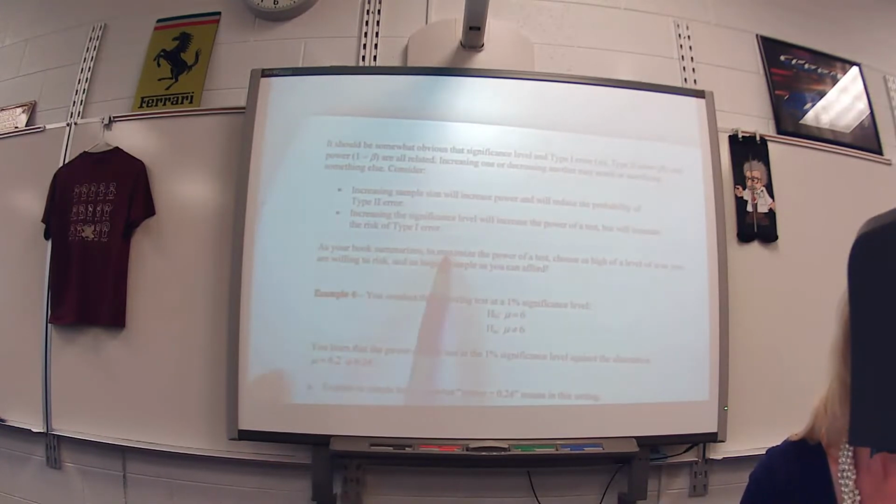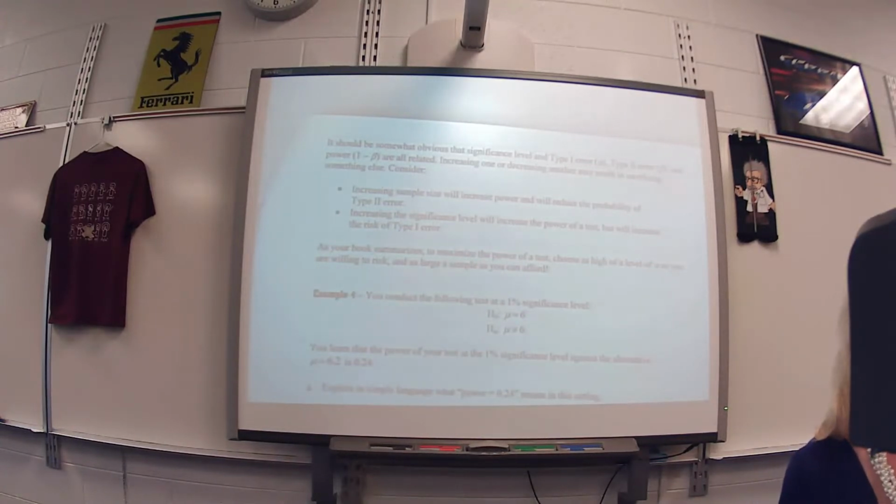Your book says to maximize the power of a test, you go as high on alpha as you're comfortable with, and then you try to get as large of a sample as you can, because a larger sample, this makes sense just intuitively. Doesn't it make sense that the more data you get, the larger your n size, the better your test is going to be? Okay, so all of a sudden, you now got to consider a larger n size.